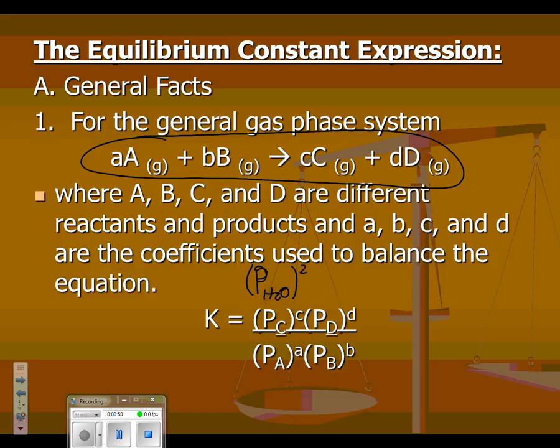That's if it's a pressure, if it's a gas. If it's not a gas, then we use concentrations, and concentrations are used in brackets. So I would put the concentration of water, which really isn't a thing. So let me do a different one. Say that I did CaCl2.